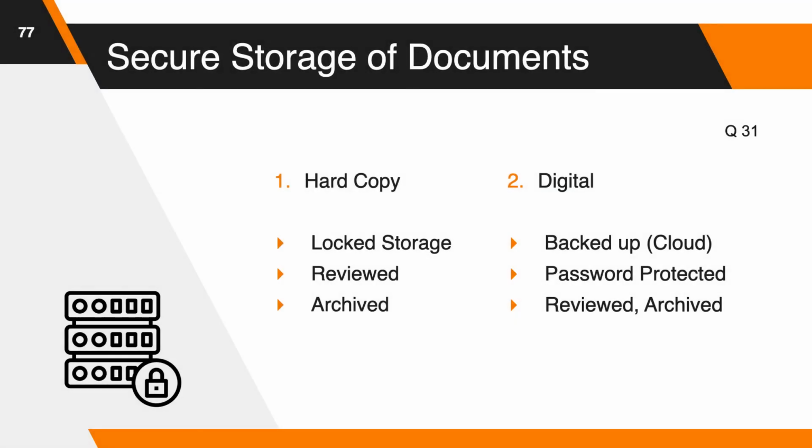So secure storage of documents, if it's a hard copy, would be a locked storage cabinet, like a filing cabinet, and these would be reviewed and archived as required. And if they're digital, they'd be backed up, usually by cloud technology these days. They'd be password protected and again reviewed and archived as required. And this will help you with question 31.